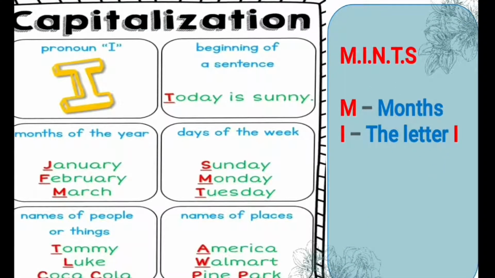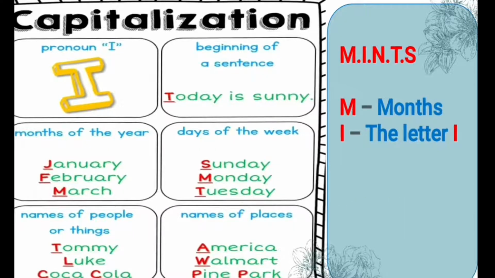After that, I. If I is used for the pronoun, that time you have to use I in capital letter. Doesn't matter if it is used at the first of the sentence, middle of the sentence, or end of the sentence. You have to use capital letter I. After that, N. N refers to the names of anything.